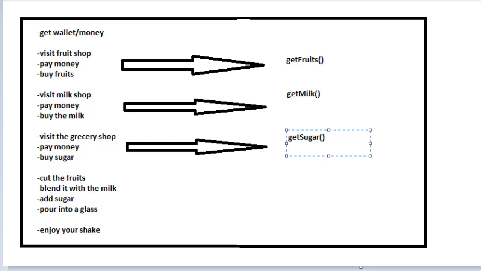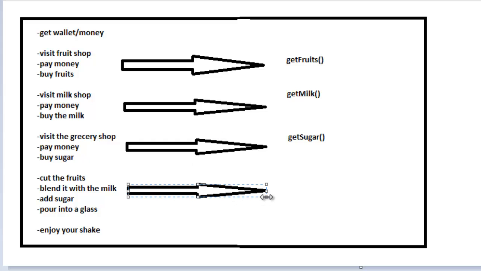Okay. In fact, I will have another person who will even make the milkshake for me. I'm not going to make it myself. So make shake. Okay. So let's use these two lines of codes also.